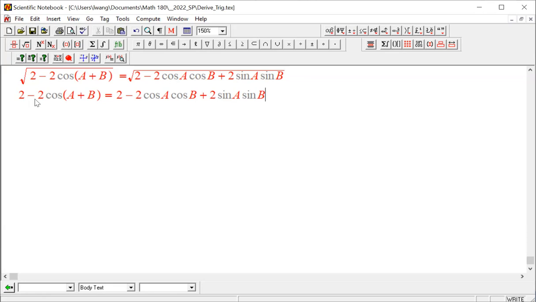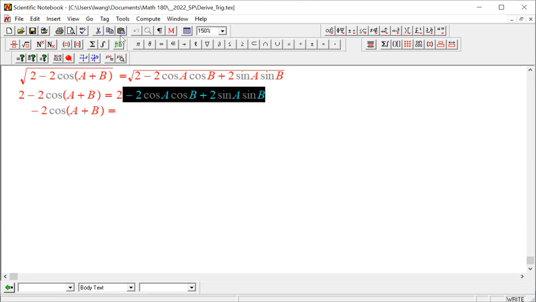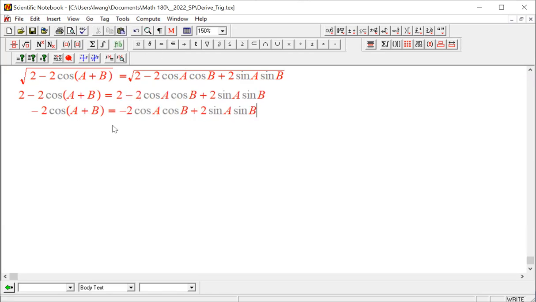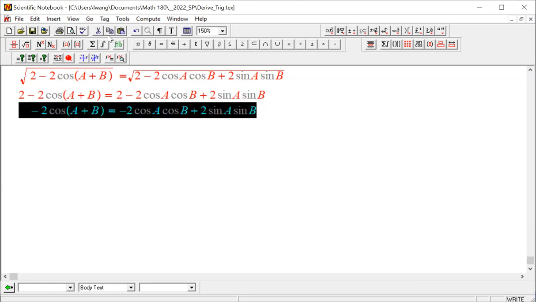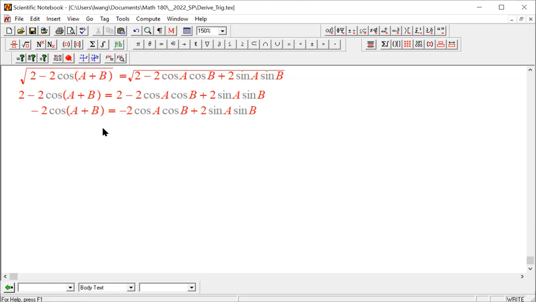If we subtract 2 on both sides, we get rid of the 2, so we're using principle number 3. And 2 and 2 reduced. Next, we divide every term by negative 2.